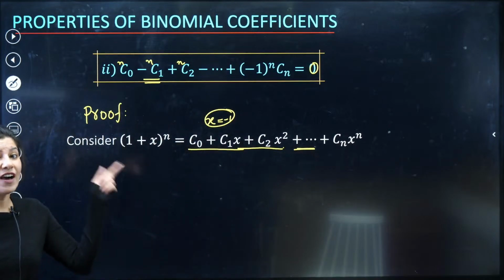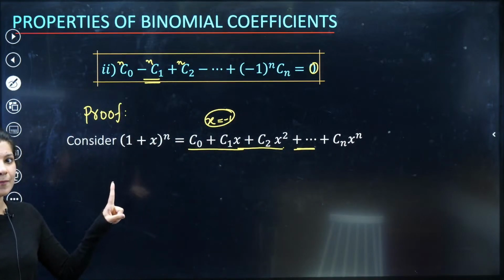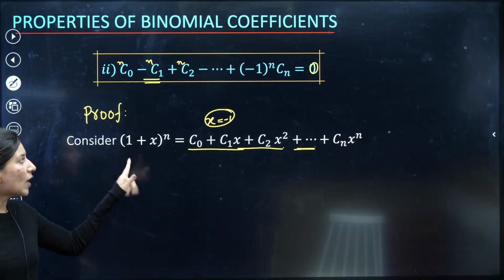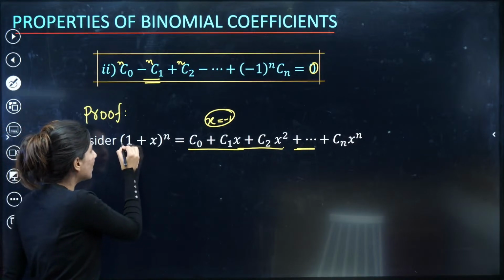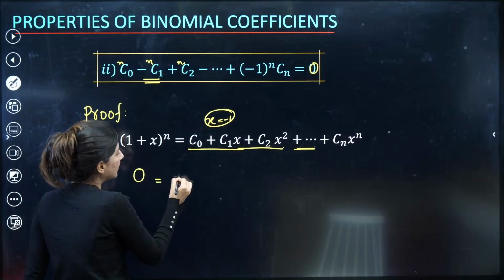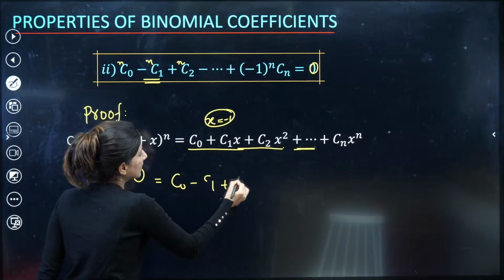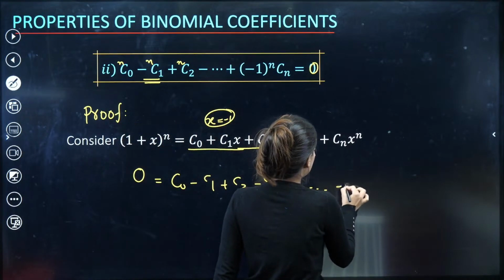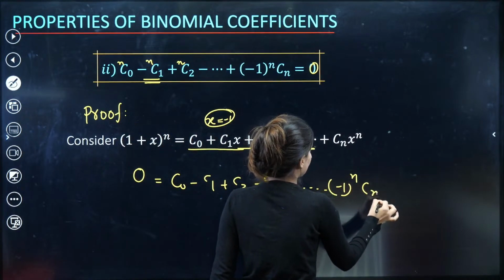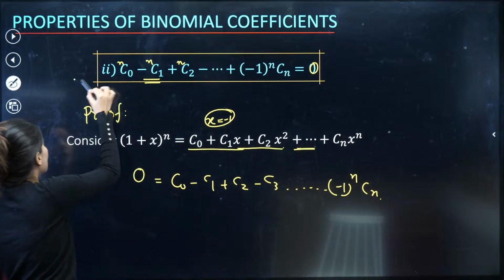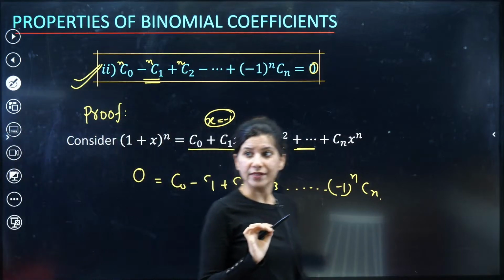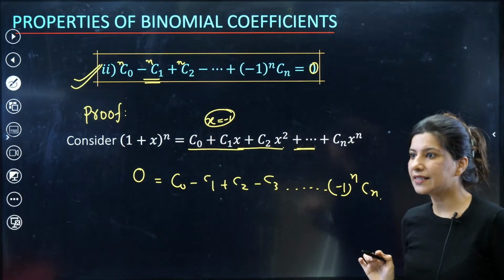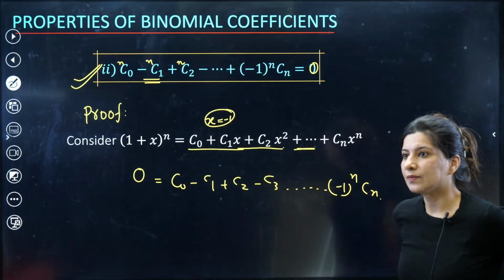If I need alternate plus minus signs, I have to put x equals to minus 1. So 1 minus 1 will be 0, and this is C0 minus C1 plus C2 minus C3 and so on all the way up to minus 1 raised to power n Cn. So this is how your second property comes. Clear?